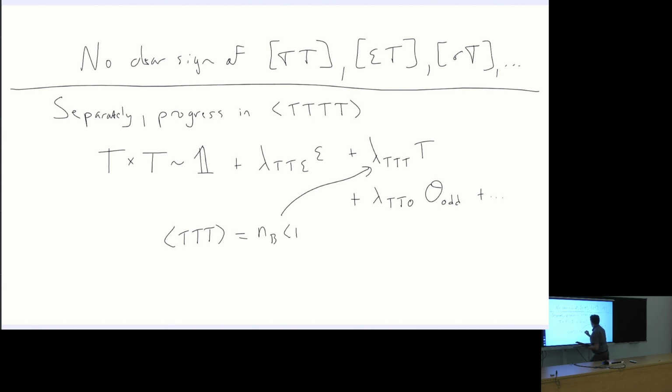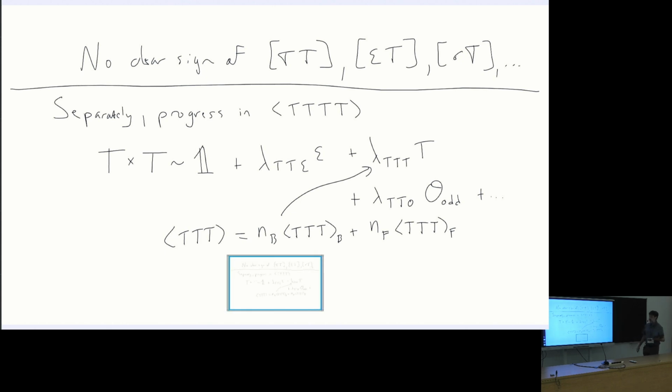You can use a basis for these structures which correspond to the structures showing up in the free boson and free fermion theories. Each one of those gives a different stress tensor 3-point function, and you can use those as a basis for a more general structure. By the way, here I'm assuming my theory has a parity symmetry. If you had parity violation in your theory, then there would be an additional parity violating structure.